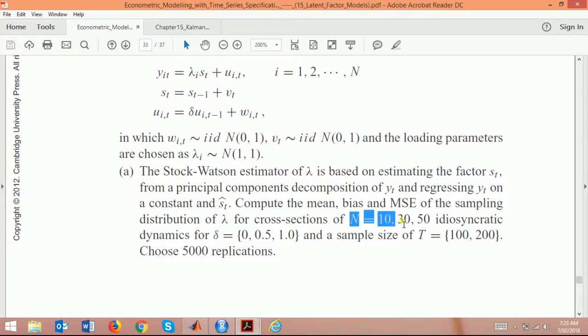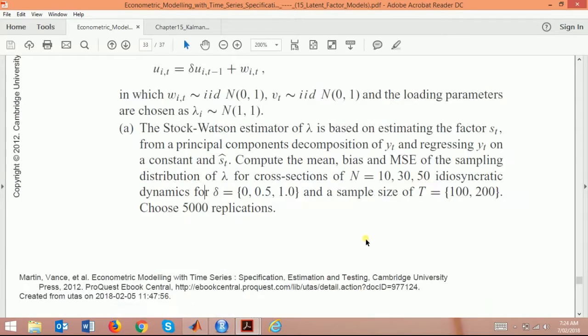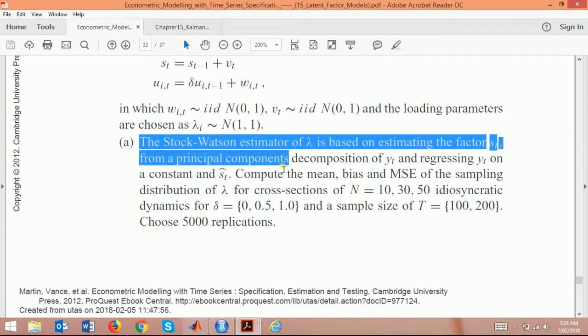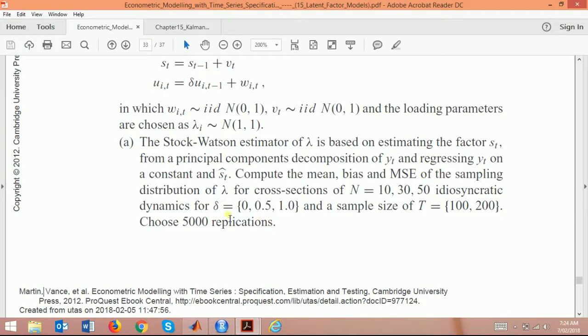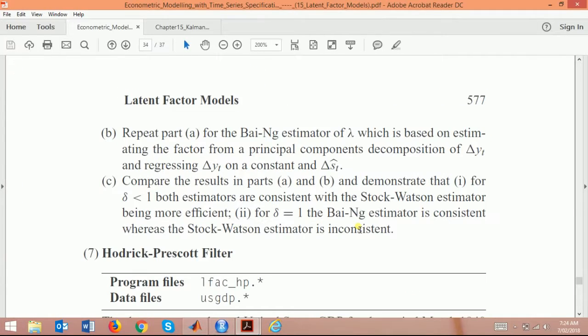Lambda for cross section of n equal to 10, 30, 50, idiosyncratic dynamics for delta equal to 0, 0.5, 1, and sample size T of 100. Choose 5000 replications. So do a Stock-Watson with these initial values.